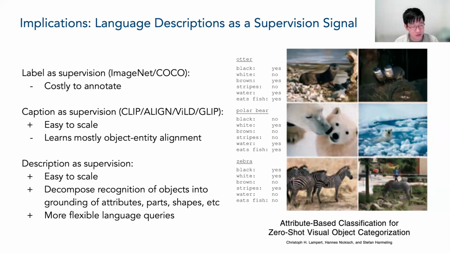entity alignment. So in our work, we explore descriptions as a kind of supervision. It is still very scalable like image caption data, and you don't need additional human annotation.